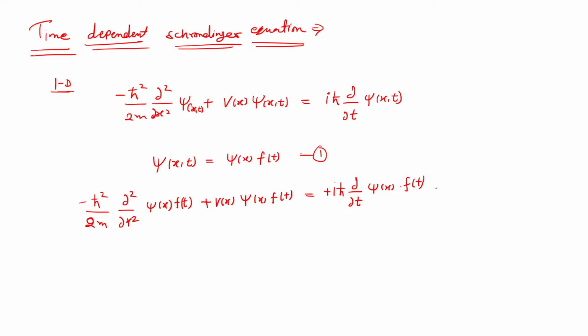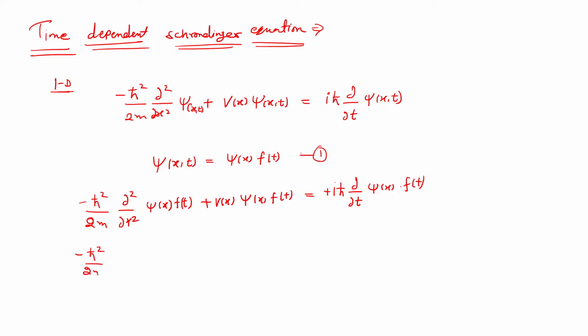So I divide this whole equation by psi(x) f(t). Considering t as a constant in one part and x as a constant in the other, what will happen, how will this change? Let me also write this so that you will not get confused.